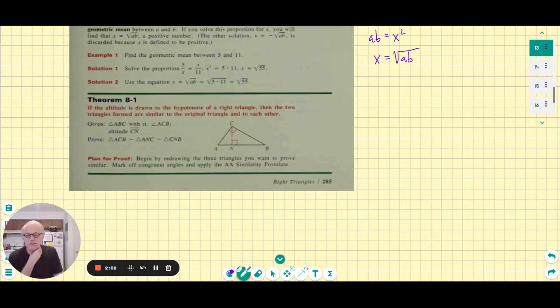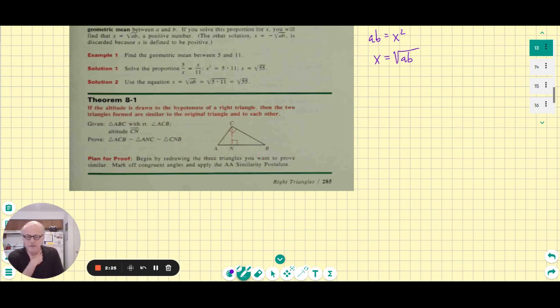The first theorem in this section has to do with the altitude, which is drawn to the hypotenuse of a right triangle. What happens is you have two other triangles that are formed when you draw an altitude from the right angle to the opposite side, which is called the hypotenuse.